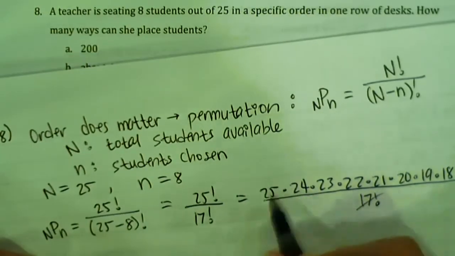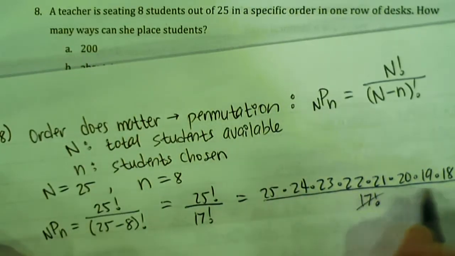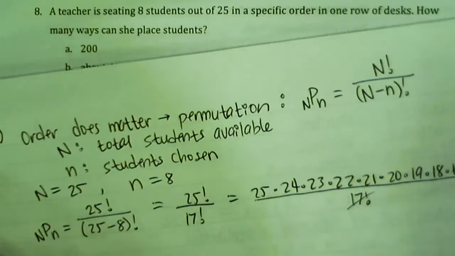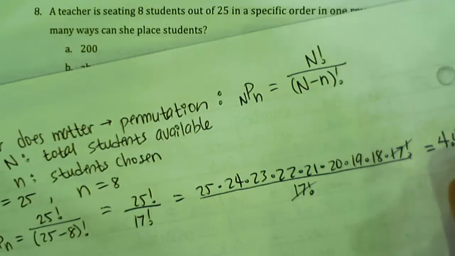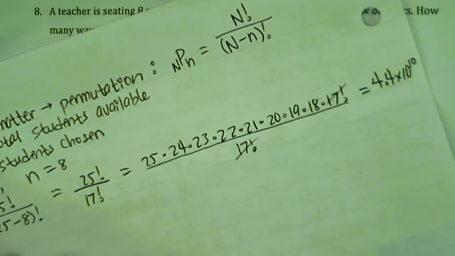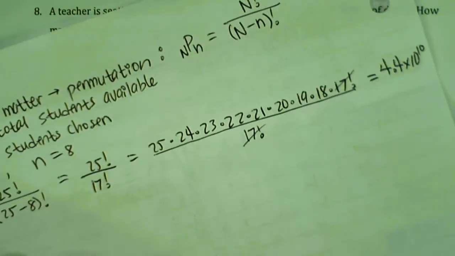And then all of this would equal 4.4 times 10 to the 10. So that is a very large number. Does everyone see what I did? Does that make sense, how I crossed out the 17?